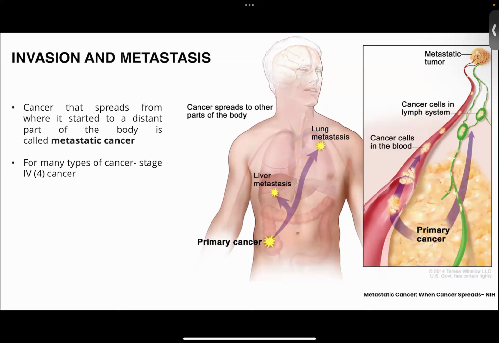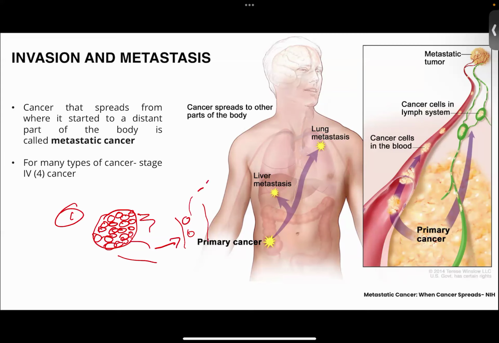Either simply like that. If there is one particular tumor, you can see this tumor, right? Either some breakthrough happens, and the cells go into the blood and affect other parts of the body. You can see the primary cancer here in the colon.